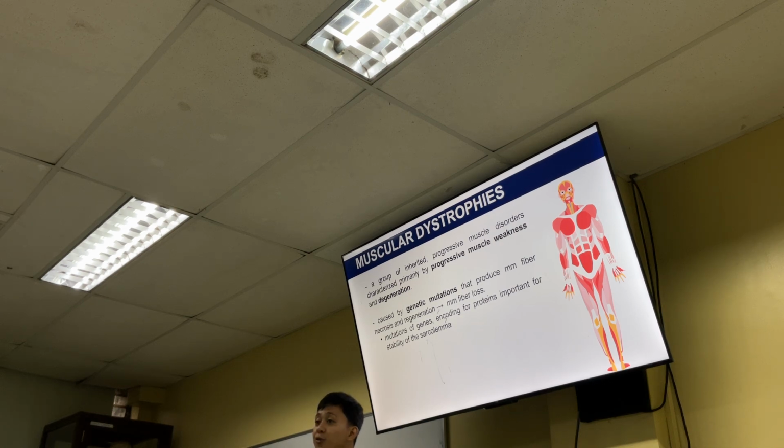So if your body tries to heal the affected cells, they get healed, but since your body keeps producing affected cells, it cannot regenerate enough. Right? It is lacking. So it will lead to muscle fiber loss, leading to muscle affectation, leading to muscle weakness. Okay? So again, it's just a genetic mutation.